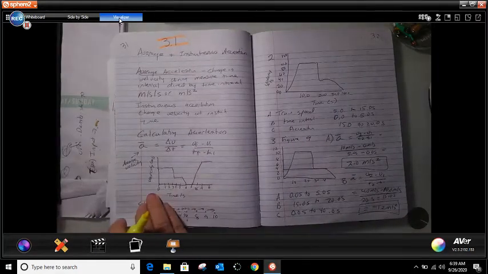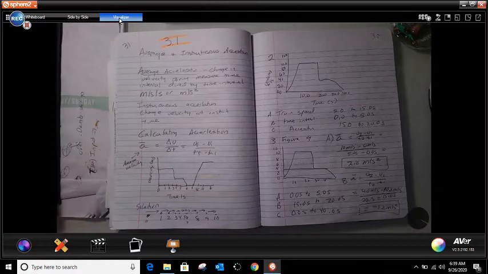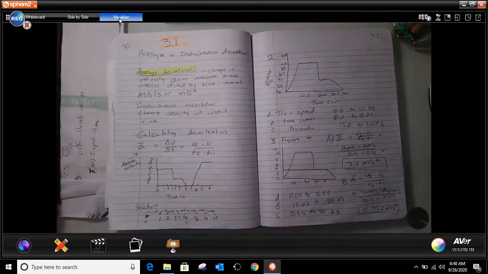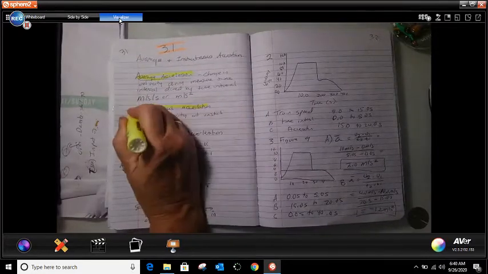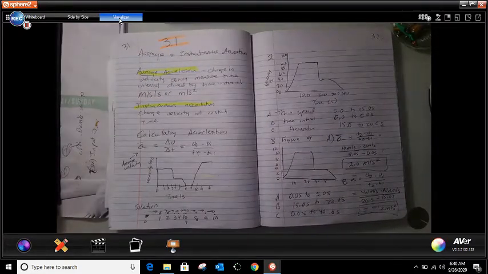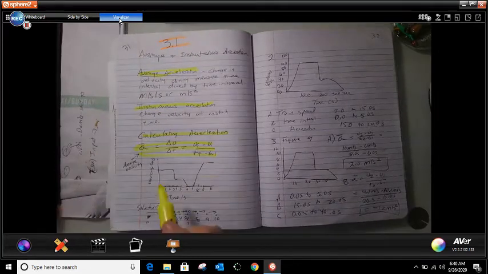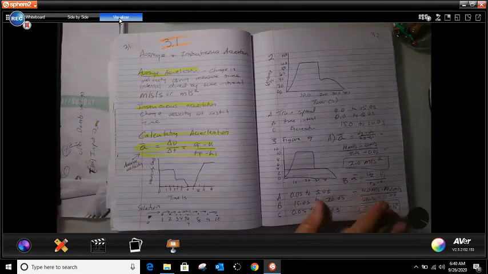Then we have 3.1. Average acceleration is a definition. Instantaneous acceleration is a definition. How to calculate acceleration, there's a formula, an example. And then I have my practice problems.